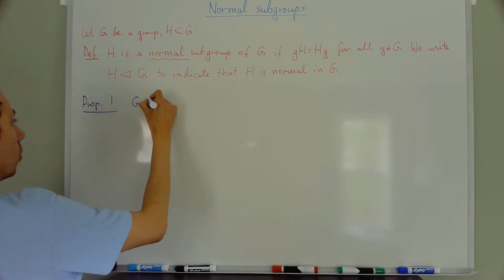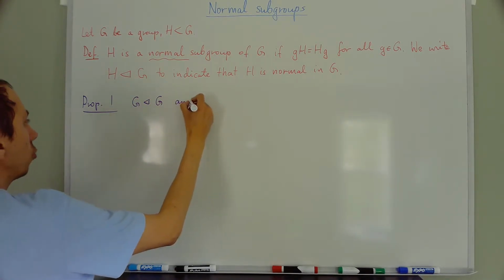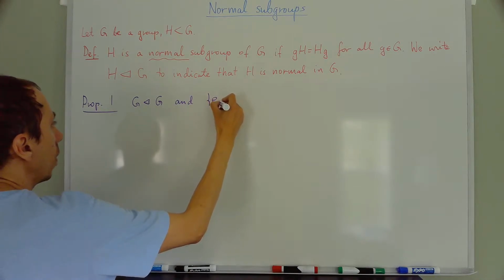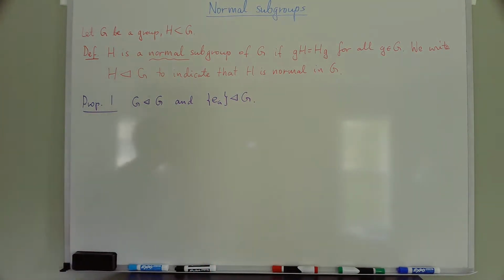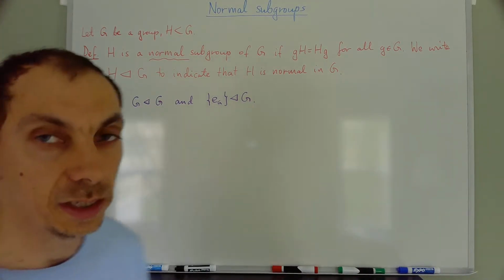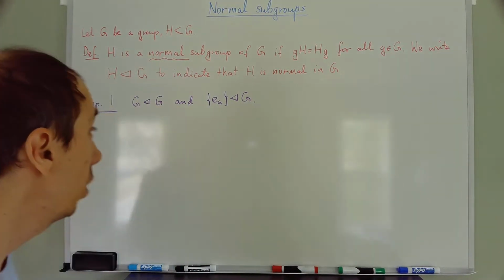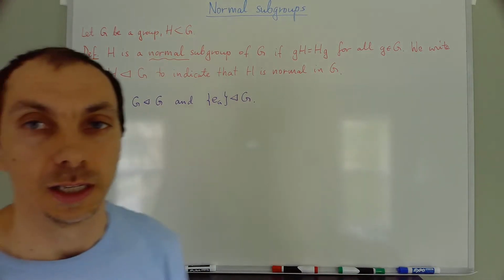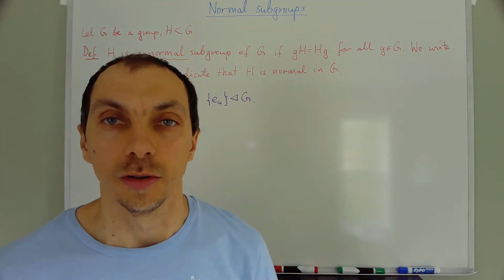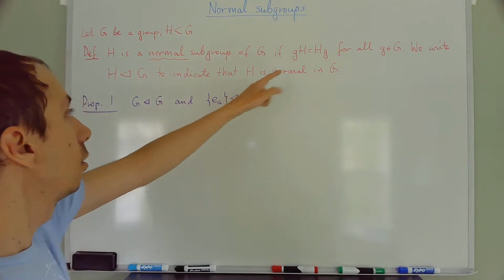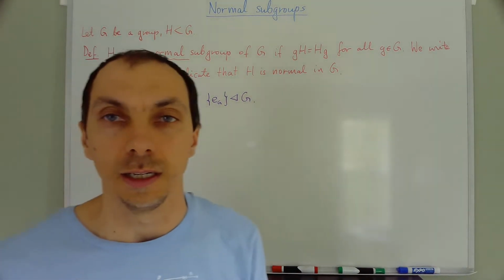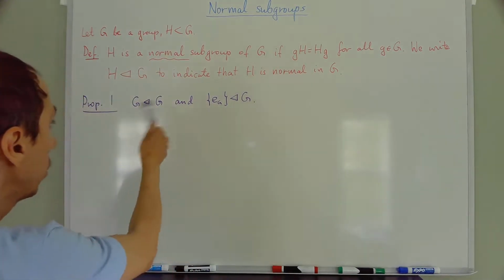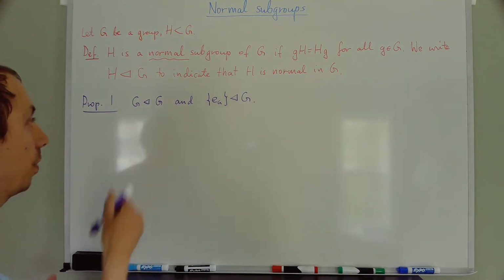Proposition 1: G is a normal subgroup of itself, and the trivial group is also a normal subgroup of G. Well, why is that true? In the first case, there's only one coset, namely G. So any little g I take, little g times G is equal to G. So there's just one left coset and one right coset. What about the second thing?